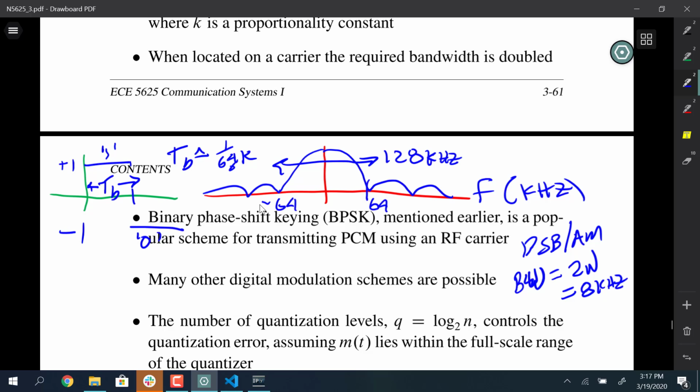Whereas to encode it in a bit stream takes 128 kilohertz of bandwidth. I don't know, does that shock anybody, or do you just say, oh well, we can do it?